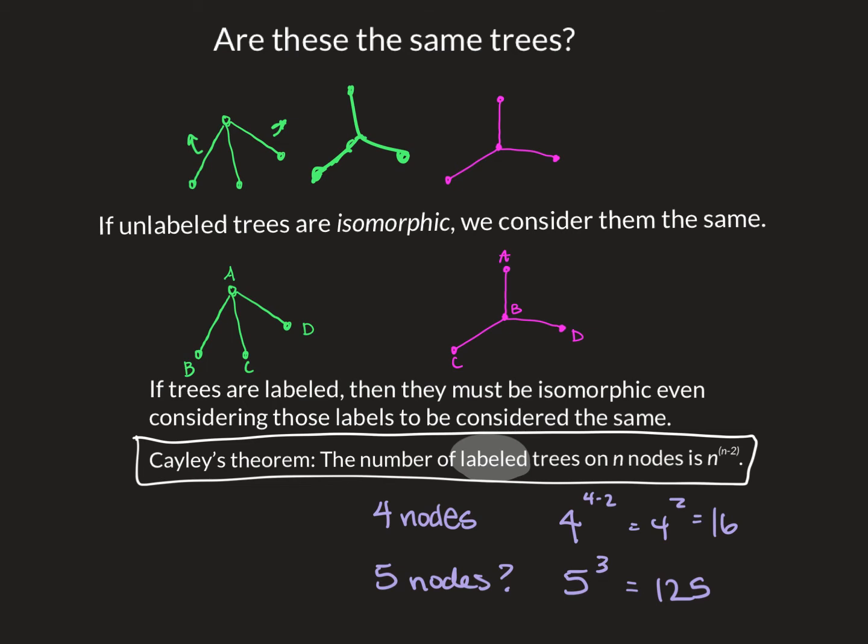And Cayley's theorem says that the number of labeled trees on n nodes is n to the n minus 2. So if I have a labeled graph, not like these, which are unlabeled, a 4-node tree, there are 16 different labeled graphs, and there are 125 that have 5 nodes.